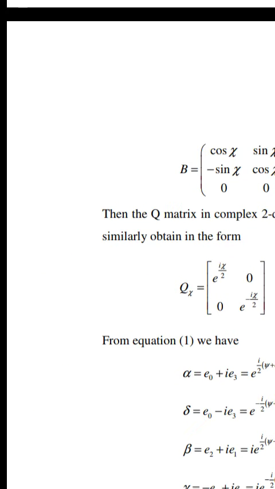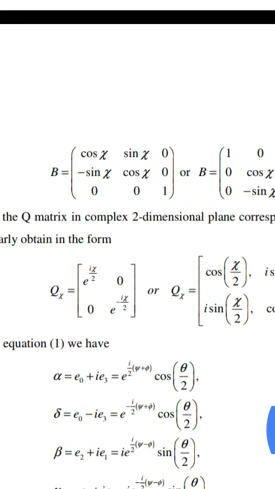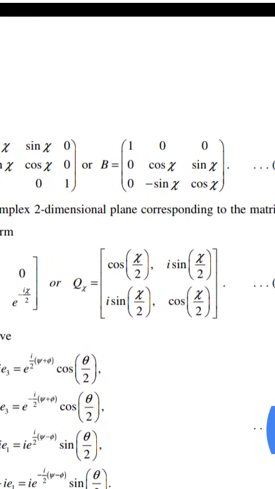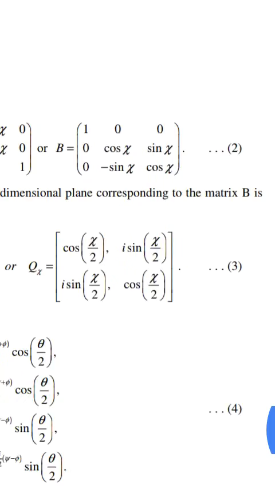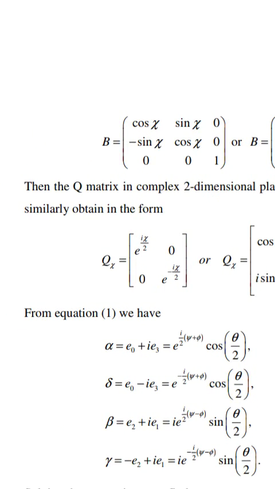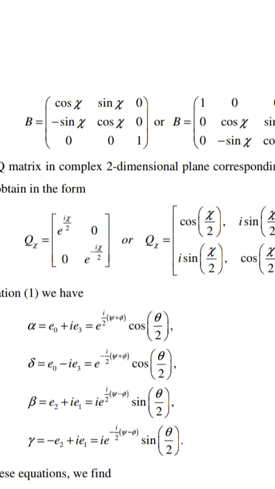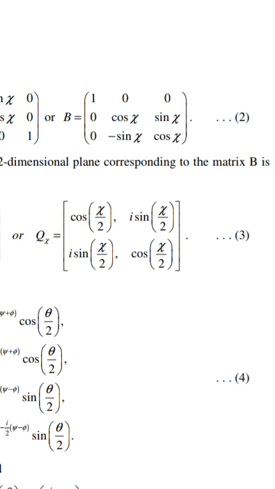Equation 2. Then the Q matrix in complex two-dimensional plane corresponding to the matrix B is similarly obtained in the form Q chi is equal to e raised to i chi by 2, 0, 0, e raised to minus i chi by 2, or Q chi is equal to cos of chi by 2, i sin of chi by 2, i sin of chi by 2, cos of chi by 2.